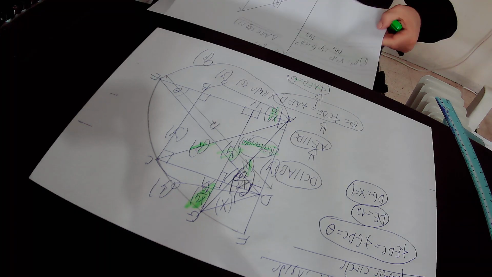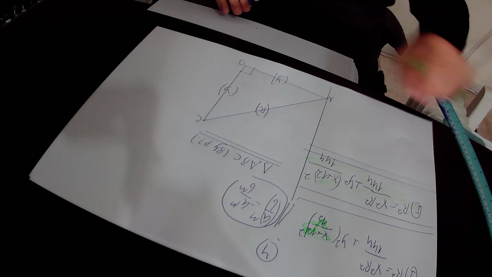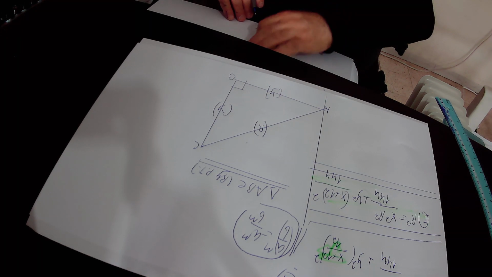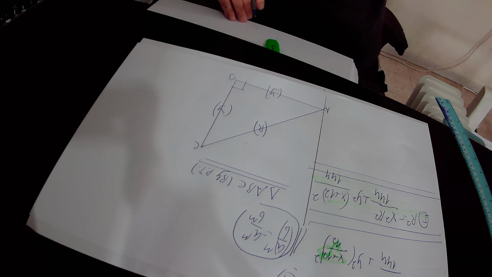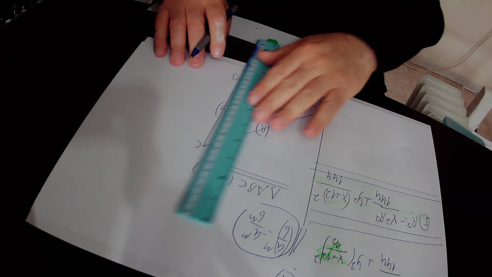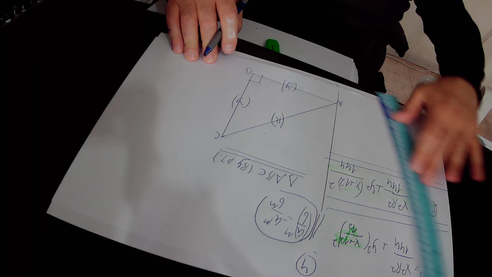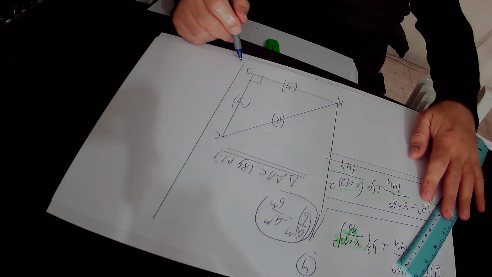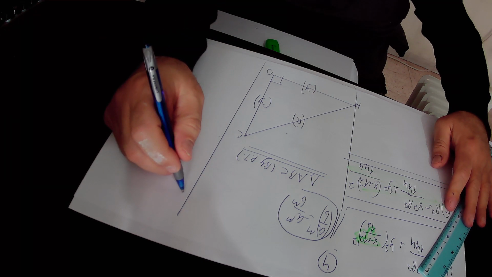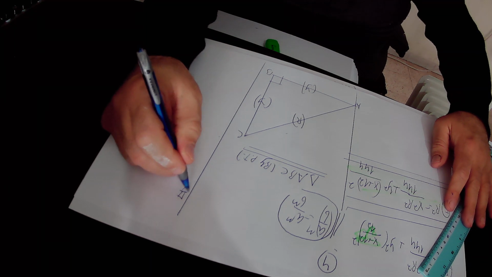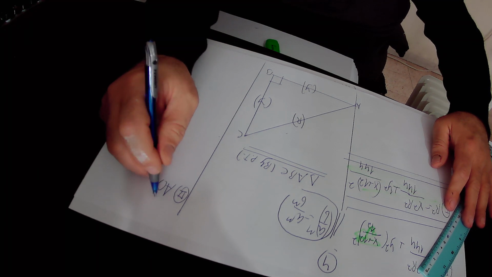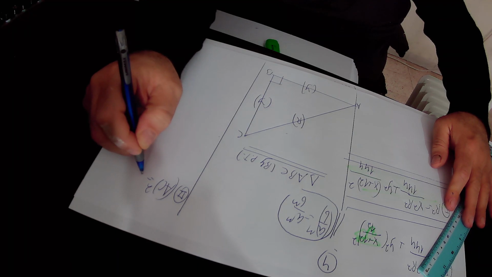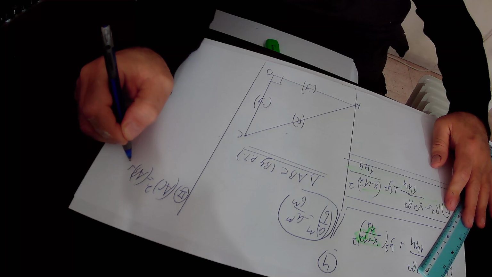So this is the right triangle ABC according to the original drawing. In this right triangle, according to the Pythagoras theorem, AC squared, this will be equation 2, equals AB square plus BC square.